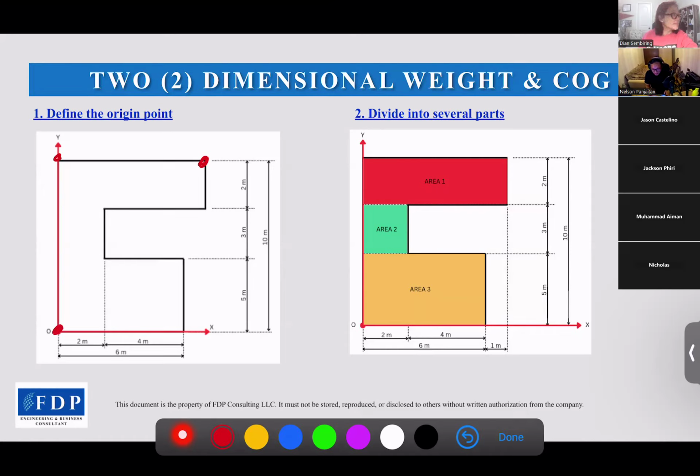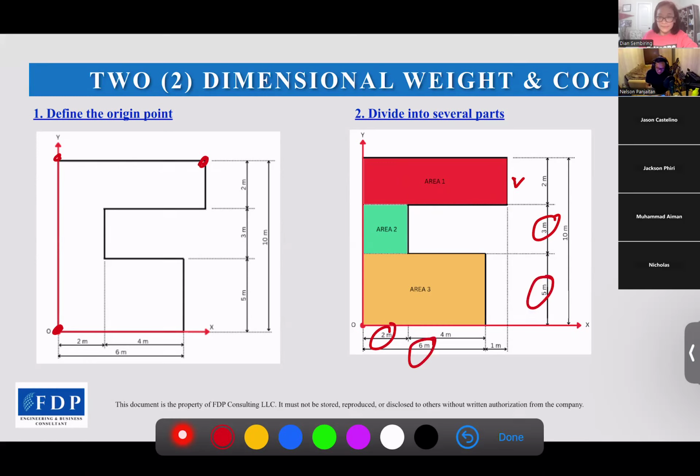The second step is to divide the section into several parts. For this case, I will divide it into 3 areas. The red one is area 1, at the top here, 7 meters times 2 meters. Area 2 is the green one, 2 meters times 3 meters, and area 3 is the yellow one, 6 meters times 5 meters.